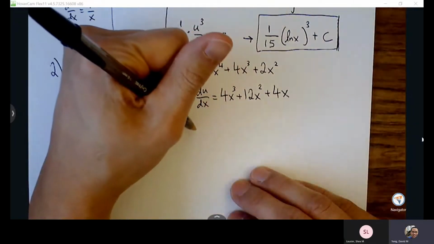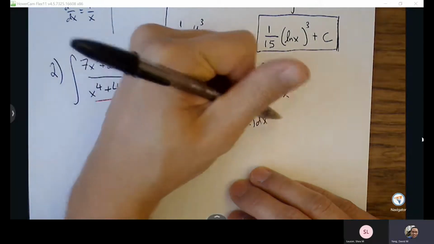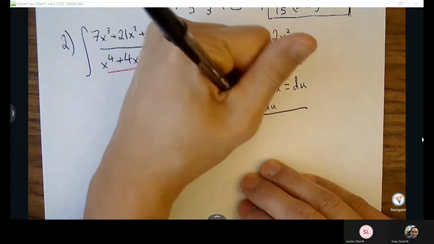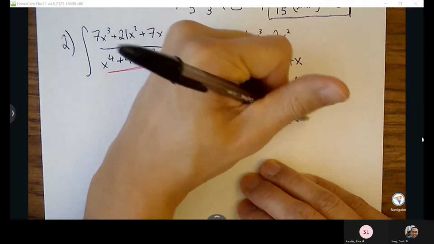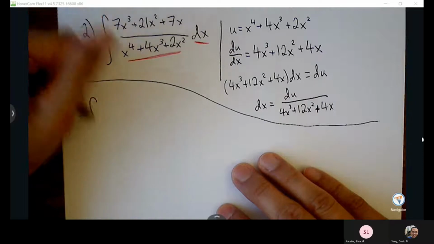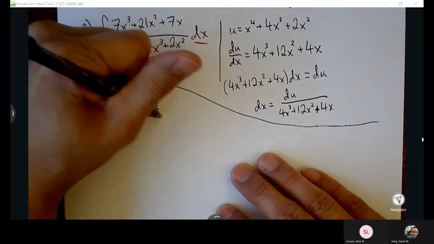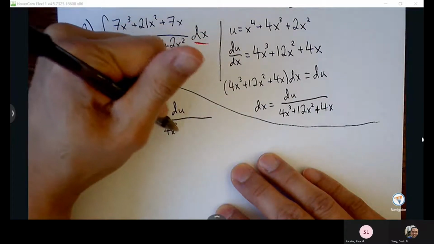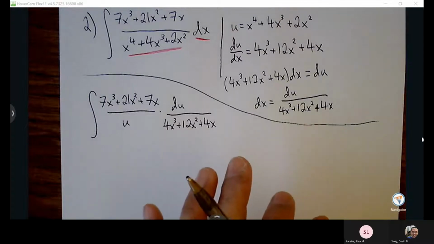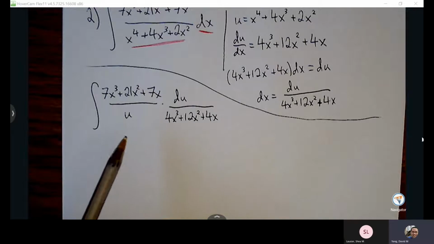Cross multiply, solve for dx. So our degrees match, but looks like our coefficients are not quite there yet in terms of canceling out.